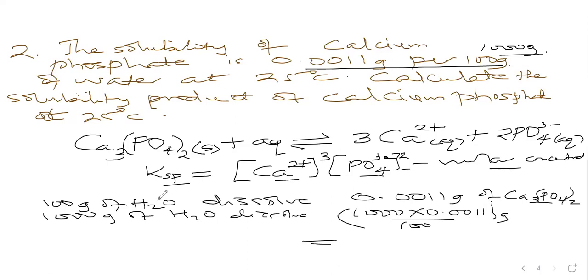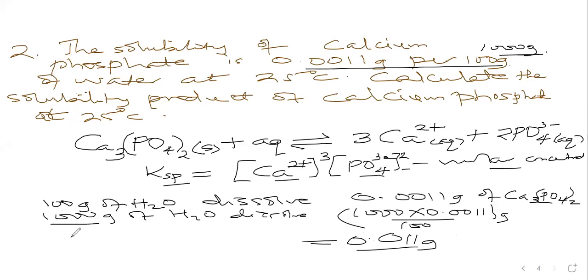So this gives me which value? Which value does it give me according to your calculators? 0.011. Gives me 0.011 grams. Those are the grams in 1 liter.